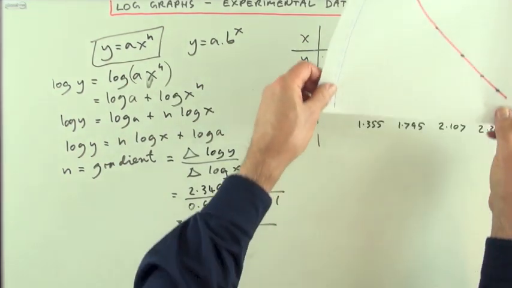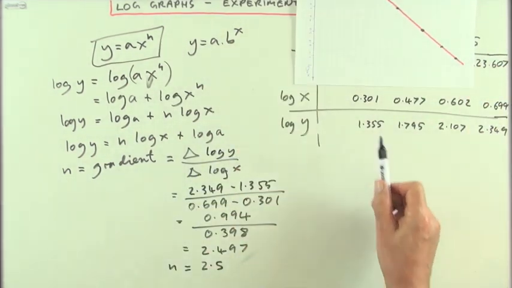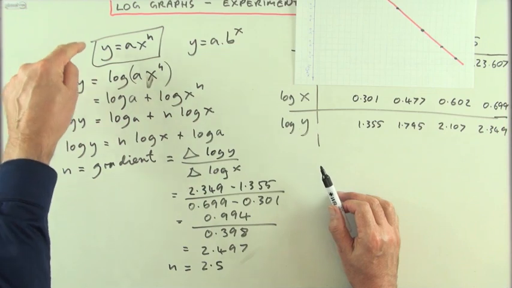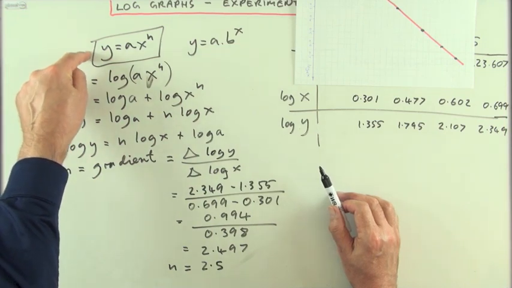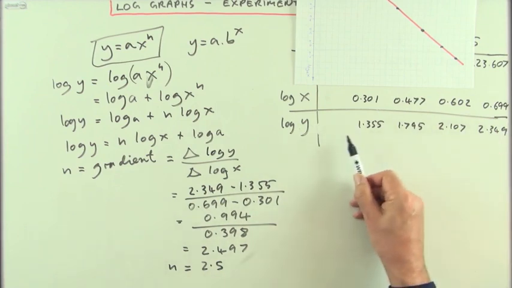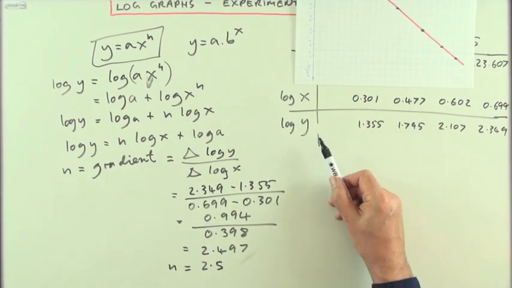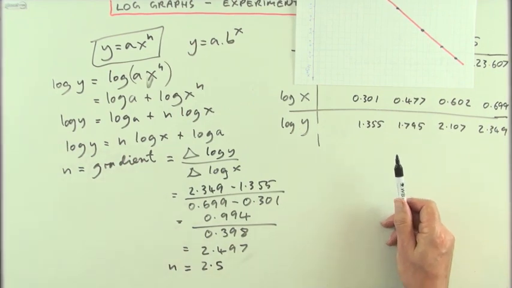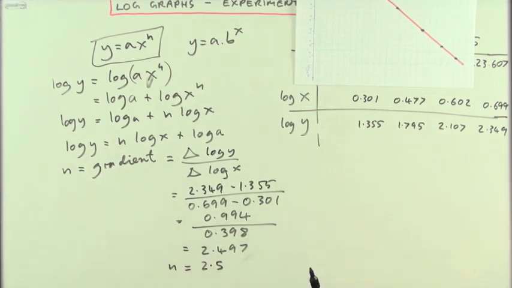So I'm just taking this all from the log data. If that's all the information that was given to me, so if you had this question in the higher, for instance, and it said it's suspected that something has a connection in this form, the logs of some values have been worked out, they form a straight line, so you can form this equation here, and then from this data find it. This is the way I'd have to do it.